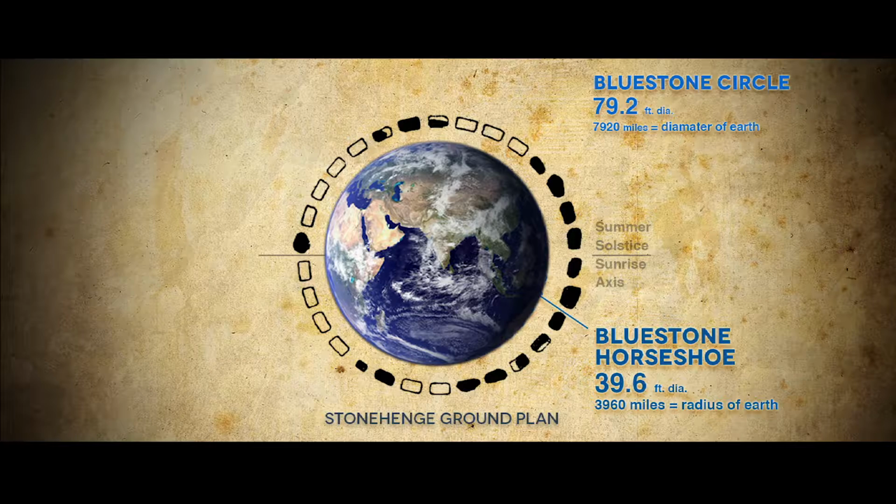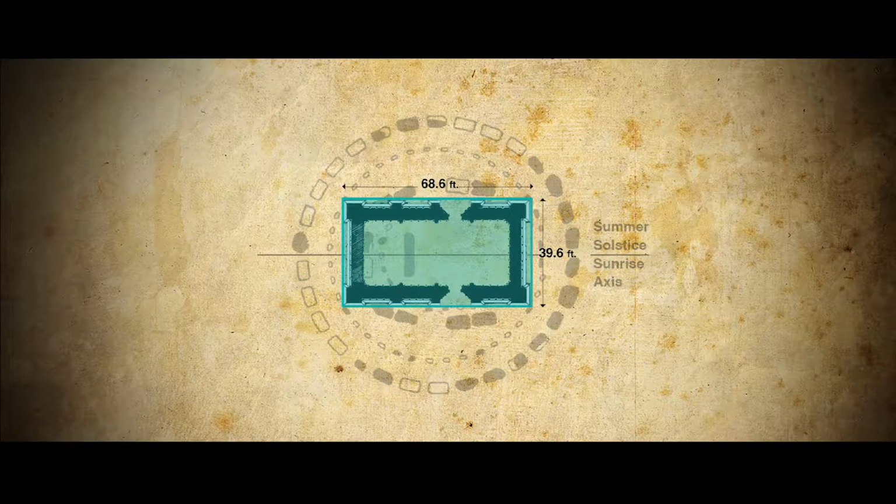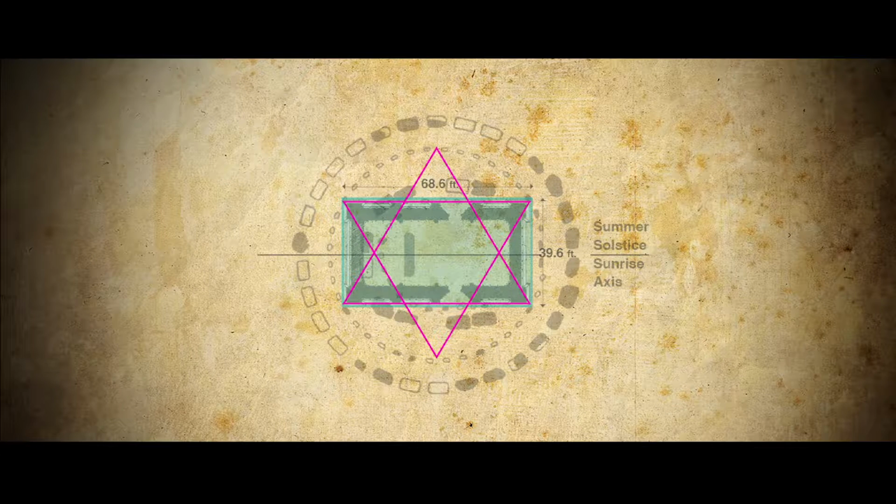So you see how the very same numbers are built in right there. And that 39.6 was the exact width of St. Mary's Chapel at Glastonbury. So you can see that if you look at the underlying geometry of Stonehenge, you'll see that there's concealed in there the Seal of Solomon, linking the size of these concentric circles to one another.